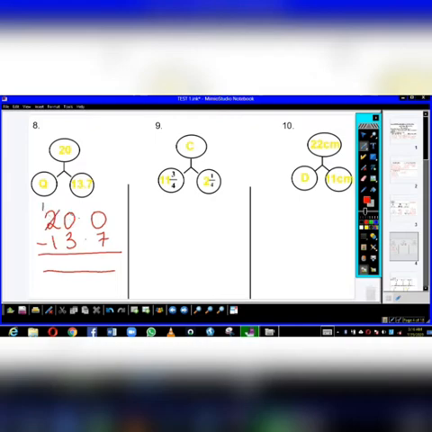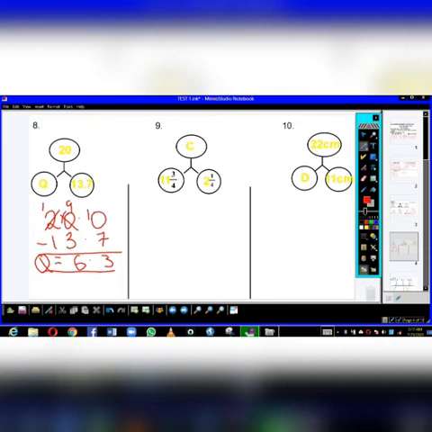We have 1, add it here, subtract 1 from it again, you have 9, add it here, we have 10. 10 minus 7 will give us 3. 9 minus 3 will give you 6, and 1 minus 1, of course, it's 0. So the value of q is equals to 6.3.